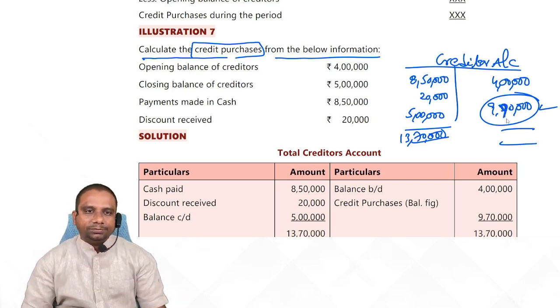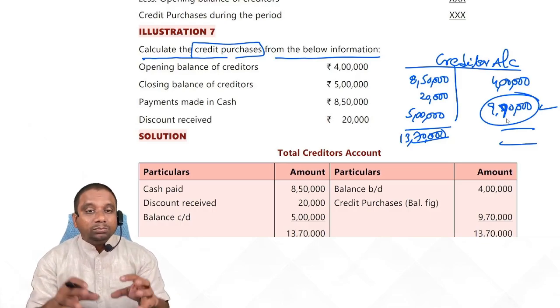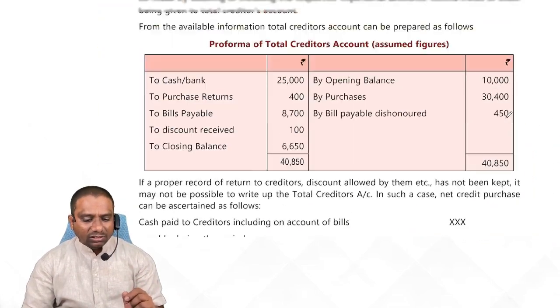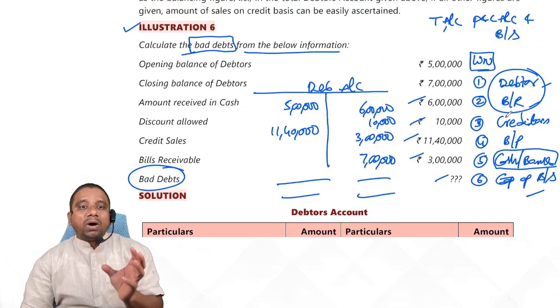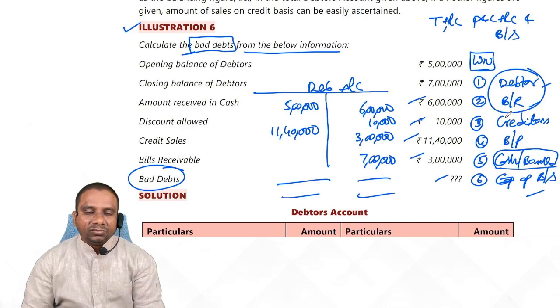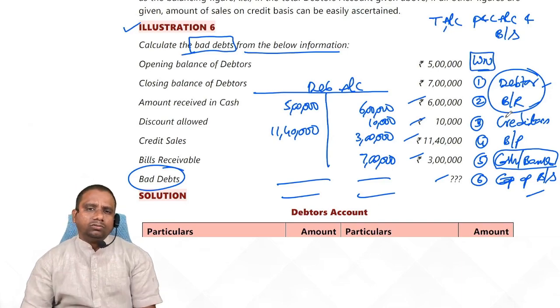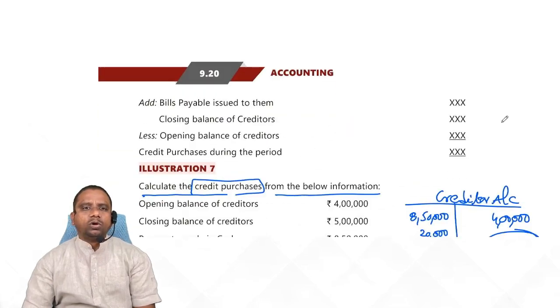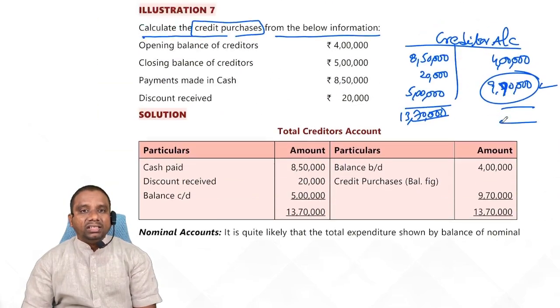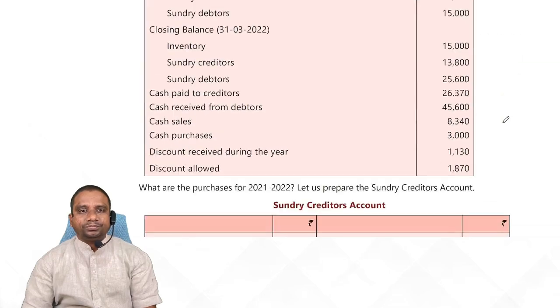So this is a simple type of calculation. Whatever we have seen in illustration 6 and illustration 7 are just part of the problem, just working notes, students. These two may be part of the problem only. Is it clear? Next one.